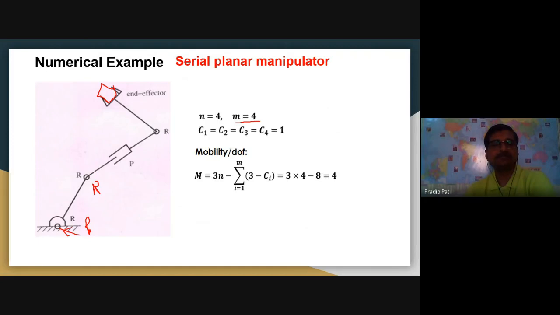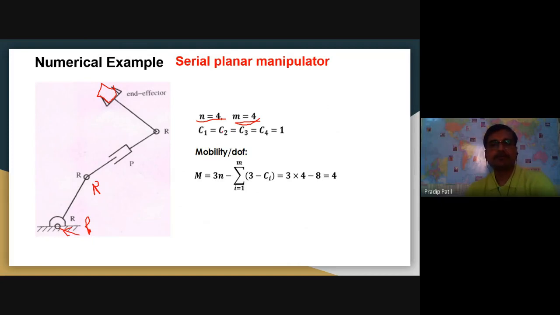Wherever there is a relative motion, it separates the linkage. For example, this one slides over this link, and this link has a relative motion with this link. So there are 2 independent links, 1, 2. Then this is 3. This is connected to this link, 3, and this is 4. So 1, 2, 3, 4. So there are 4 links and 4 joints.